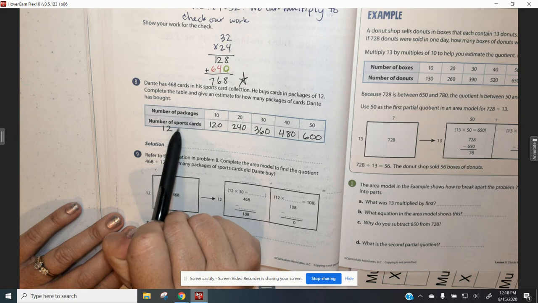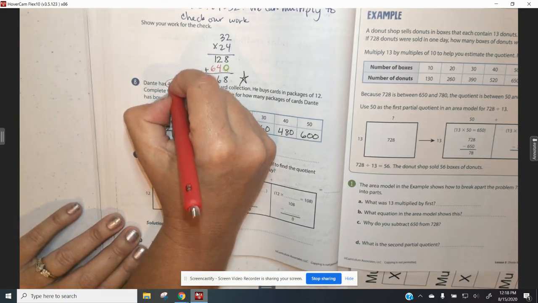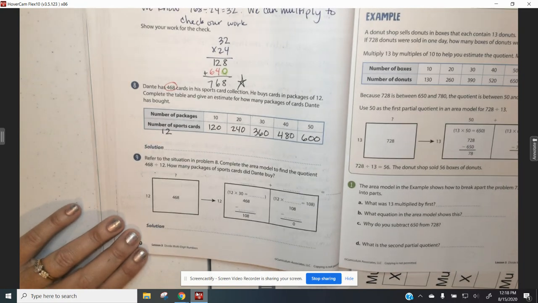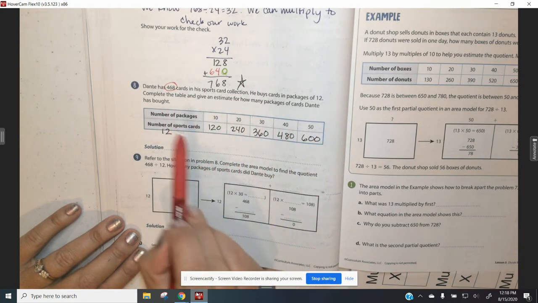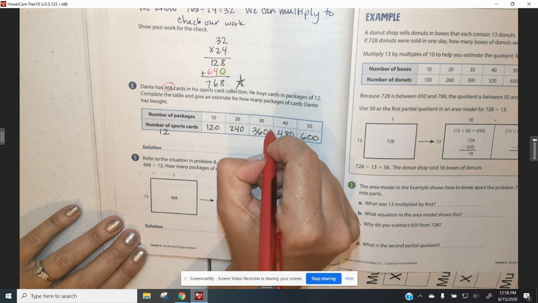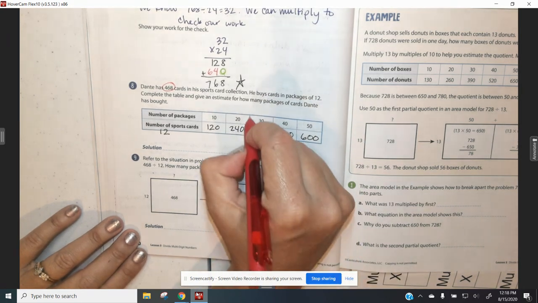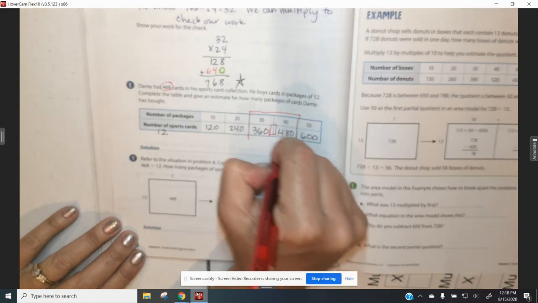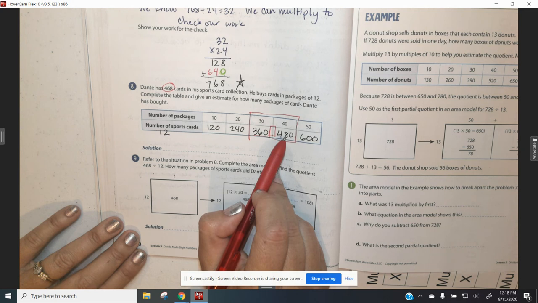Now we need to look and go, okay, we have 468 cards. Where does 468 fit in on this multiples of 10 chart? That's right. It fits in right about here. So it's between these two values, between 360 and 480.